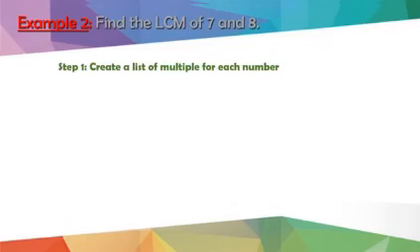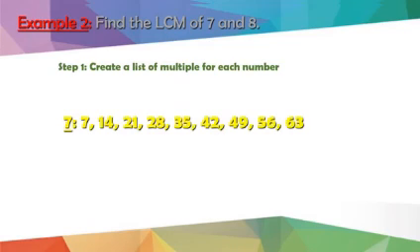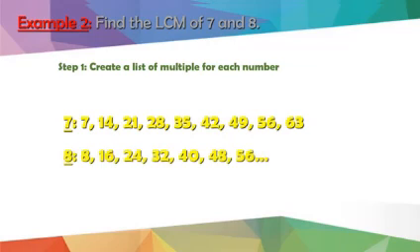Second example, find the LCM of 7 and 8. First step, list the multiples of each number. The multiples of 7 are 7, 14, 21, 28, 35, 42, 49, 56, and 63. Multiples of 8 are 8, 16, 24, 32, 40, 48, 56.